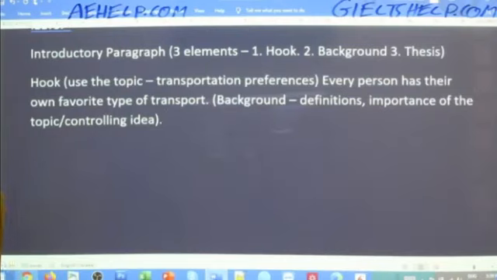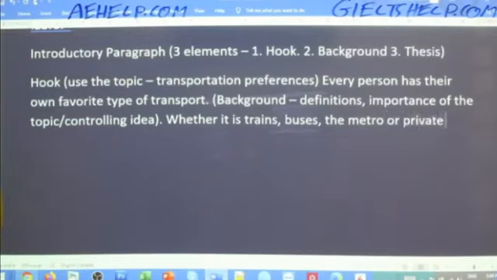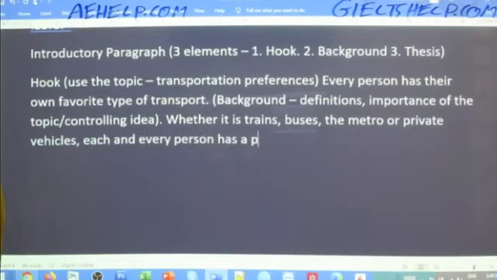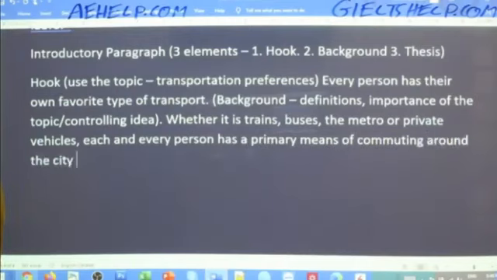So whether it is trains, buses, the metro, or private vehicles, each and every person has a primary means of commuting around the city for their daily needs.